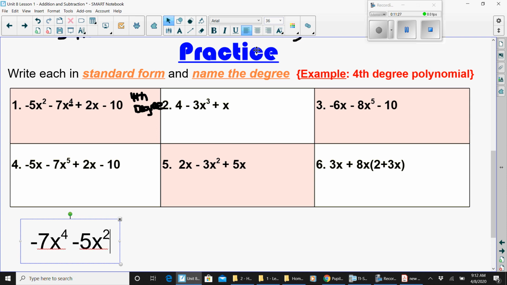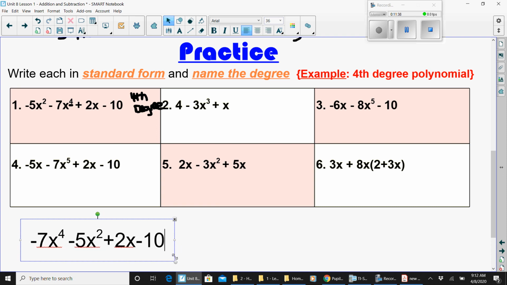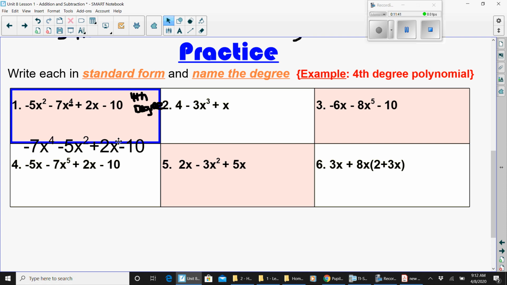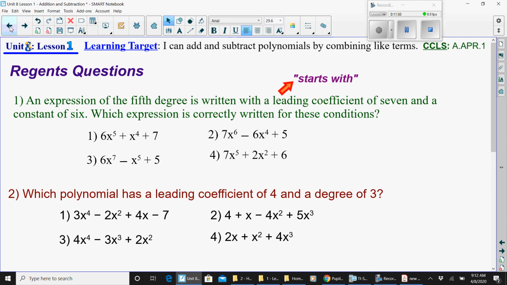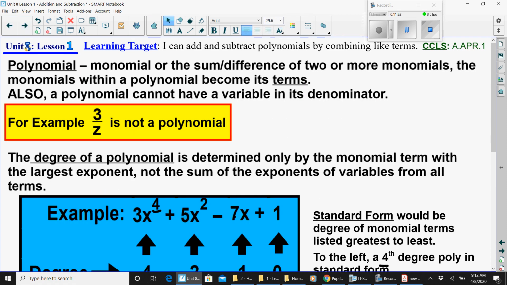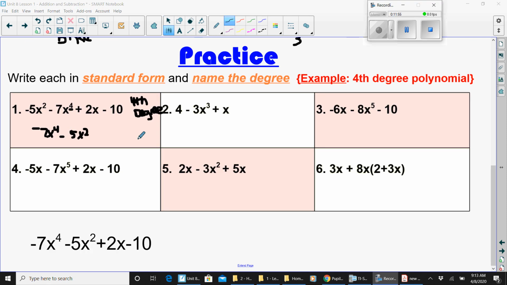And then a plus 2x. And then the minus 10. You see how I did that? Basically rearranged it. You're arranging the exponents from greatest to least, and that's what I'm writing down right now.